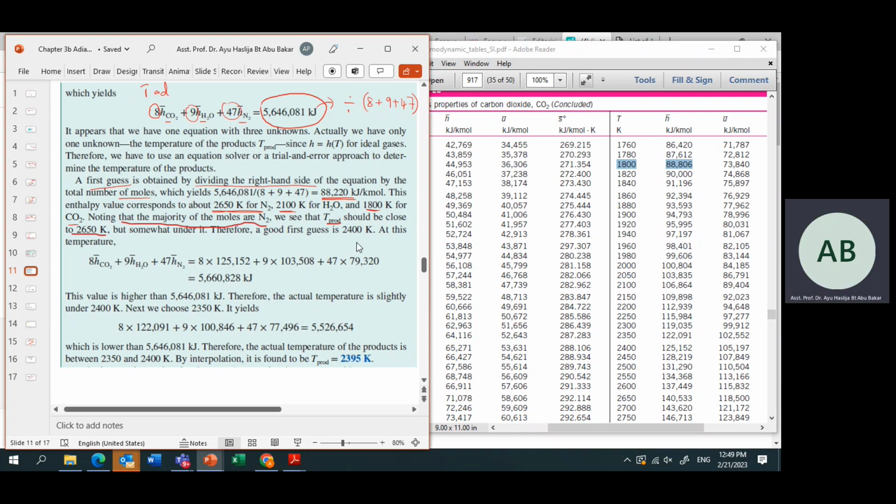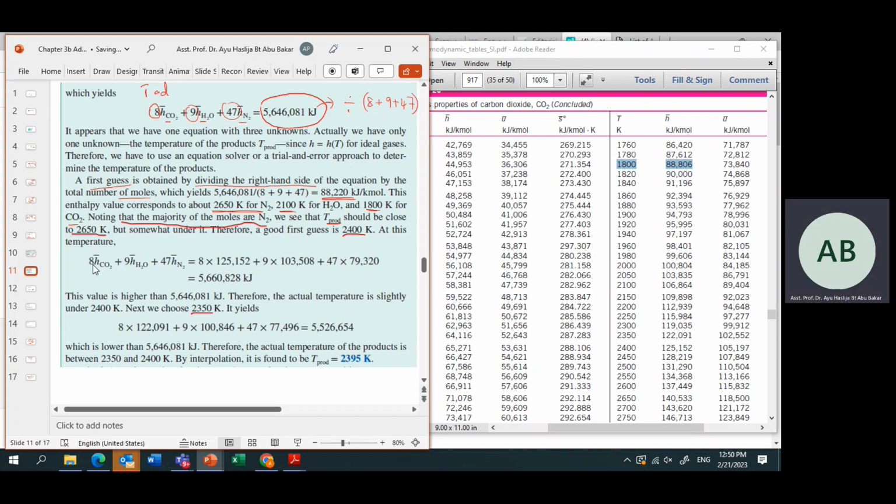So they guess the solution here, still assuming 2400 Kelvin, and another one is 2350. The first guess is 2400. So plug in the info at 2400 into the unknown equation over here.